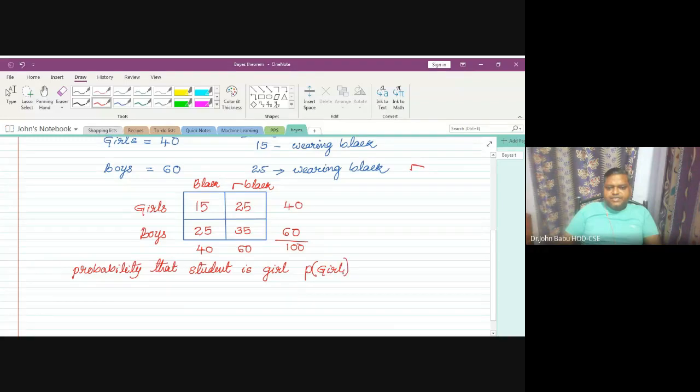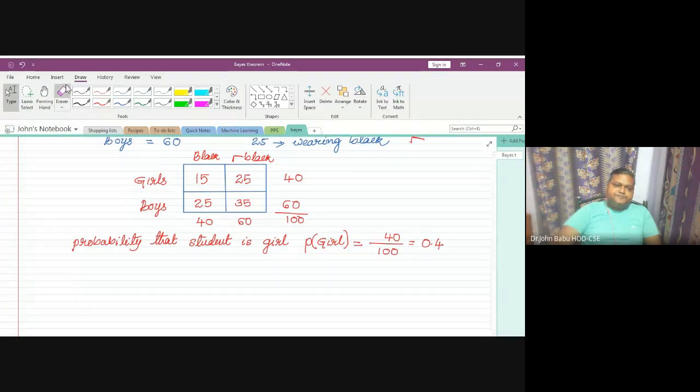Totally how many are there in the party? 100. And how many girls are there? 40. So what is the probability? 0.4. The probability that the student is a girl is 0.4.